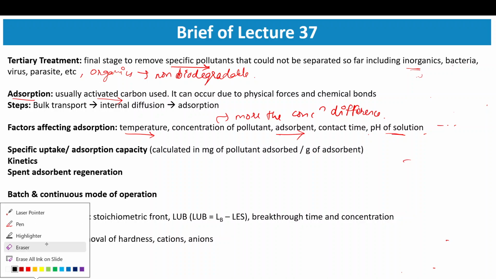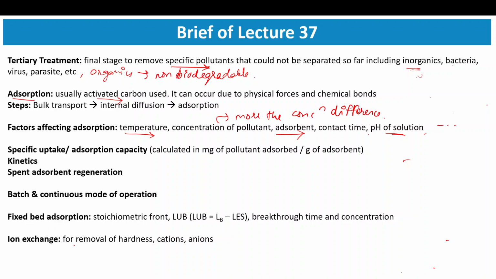Next is an important parameter which is relevant to the adsorbent. This adsorbent has a theoretical capacity. There will be a limited number of active sites on the adsorbent, so there will be some capacity for the adsorbent to adsorb.